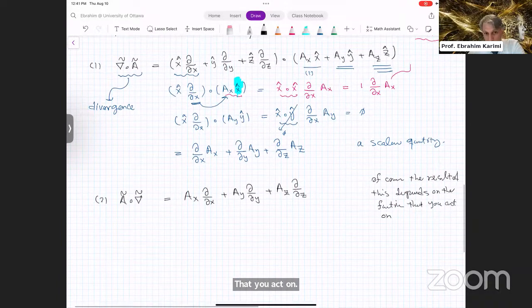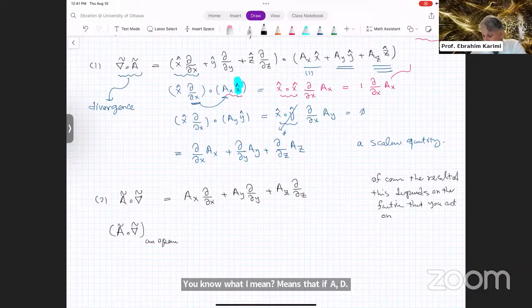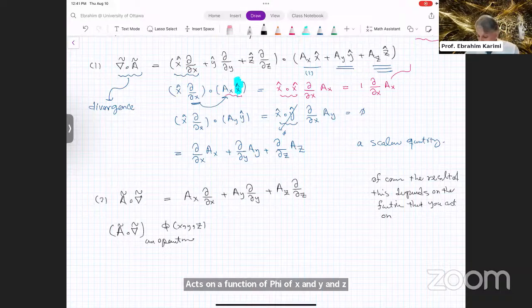Do you know what I mean? It means that if A dot del, which is an operator, acts on a function phi of x, y, and z, what will be the result? A scalar.